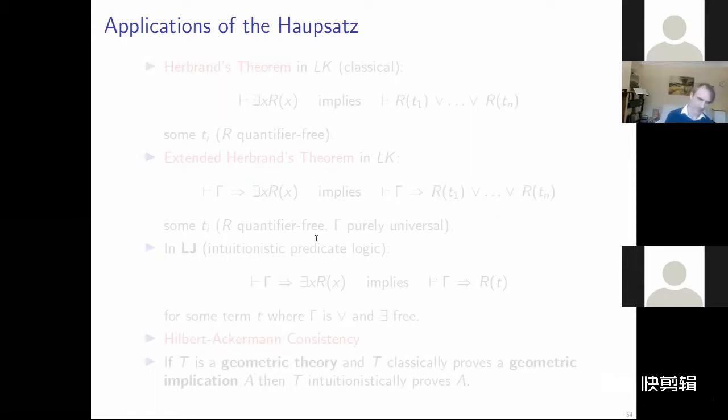Okay, and then it turns out that Gentzen's Hauptsatz, and there's a misprint here, I forgot the T, could be used to infer all the main results of proof theory that were known at the time.